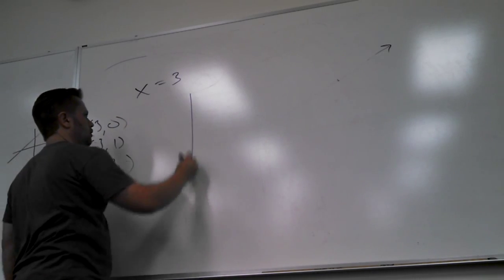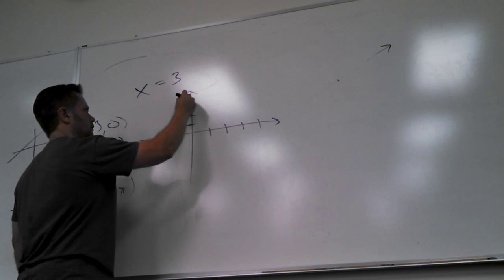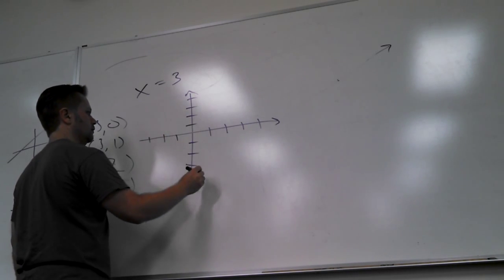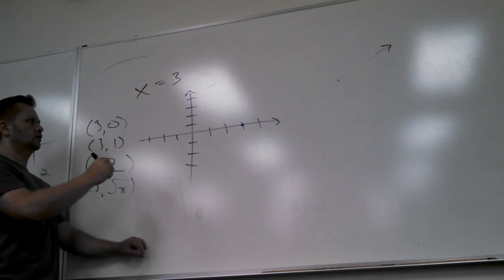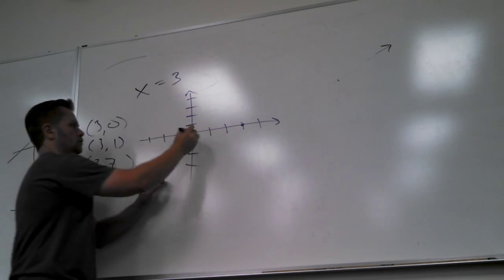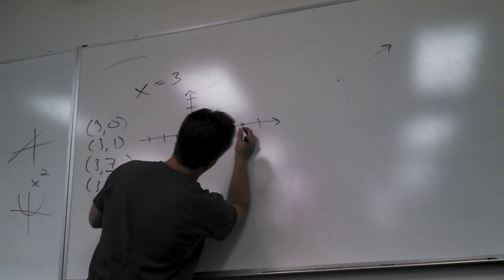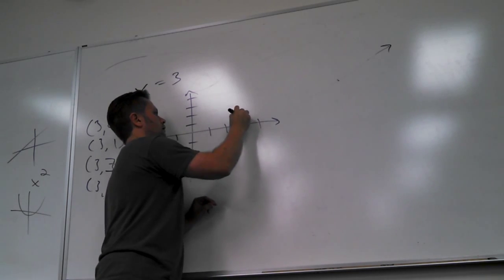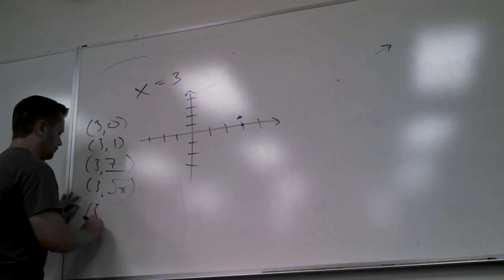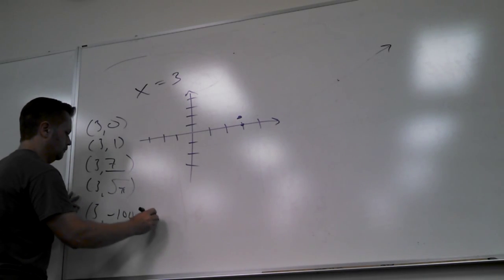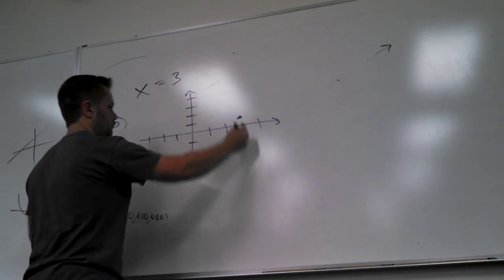So this is sort of the long way to do this, but I want to make sure you guys understand why this works the way it does. Plot these points. So 3, 0 is right there, right? 3, 1: you go over 3, up 1. 3, 7: over 3, up 7. 3, negative 100 billion: you go over 3, down 100.